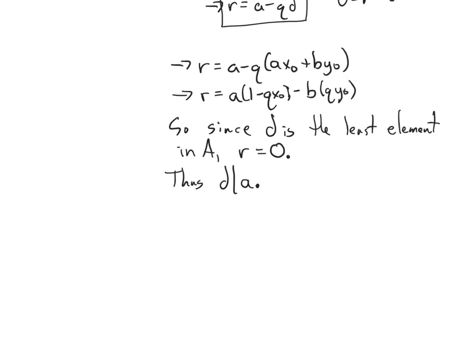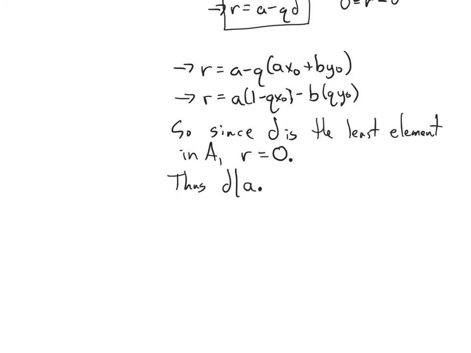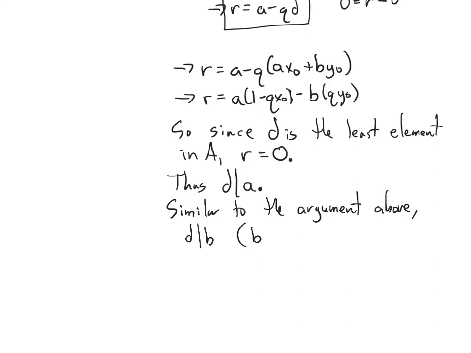Similar to the argument above, we know that D is a factor of B. Just write B as, say, Q2 times D plus R2, divide B by D in this case, and repeat what we did above.